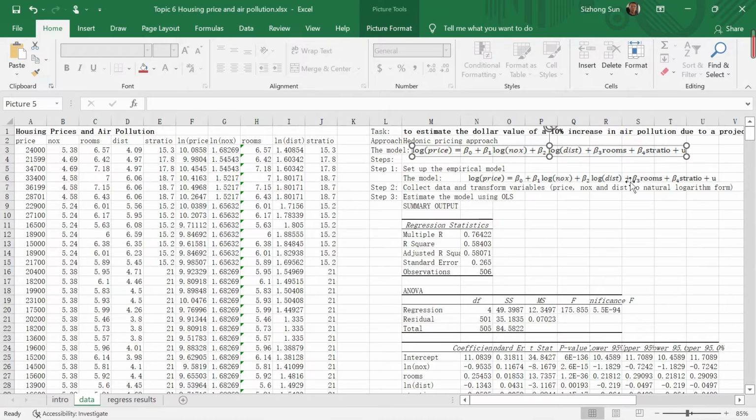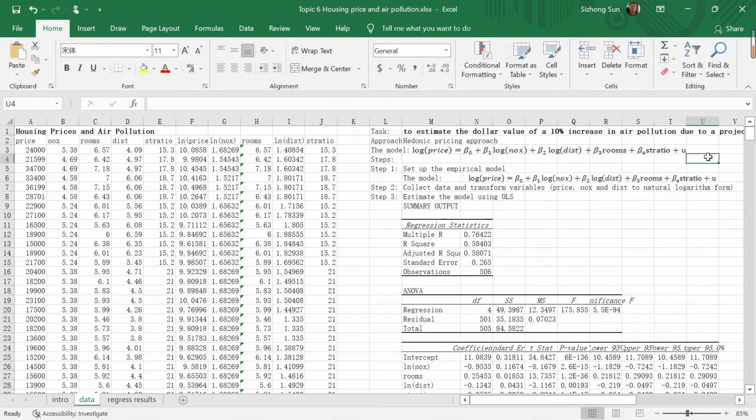And rooms is the number of rooms that the house has, and ST ratio, student-teacher ratio, which is the average student-teacher ratio in the schools of the particular communities, plus an error term u here. Okay, so then we go and collect data like this: price, NOx, rooms, distance, student-teacher ratios.